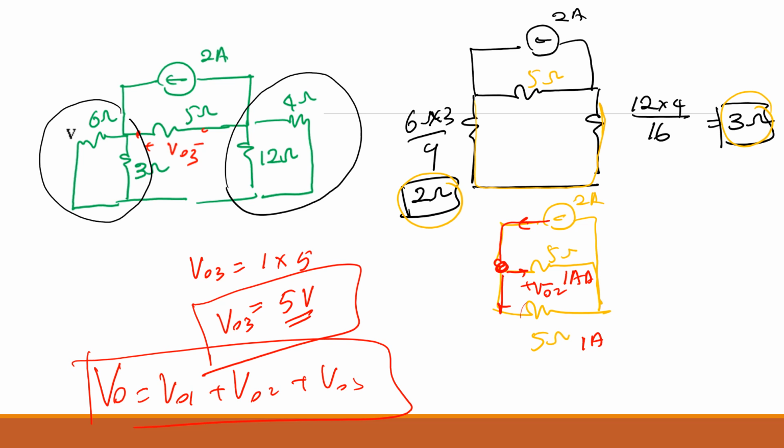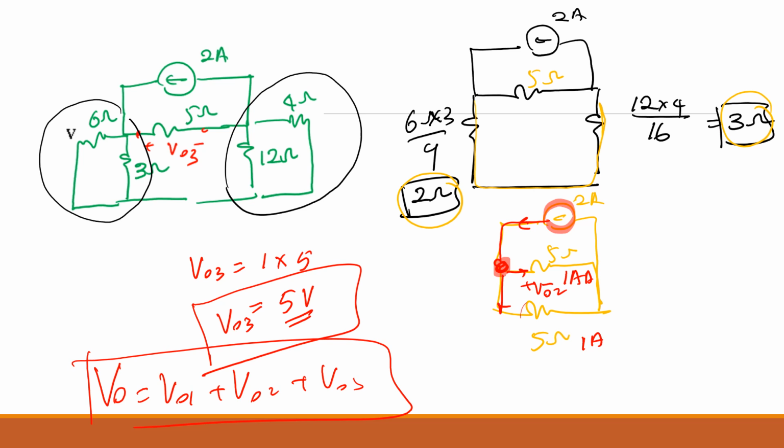Which part? When we combine that together, we have 5. So 2 amps are coming to this node, and it is splitting between the two 5s equally. Both are equal resistance, so splitting between these two, 1 amp each.